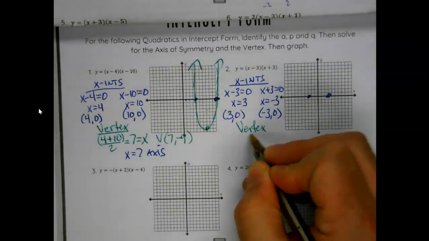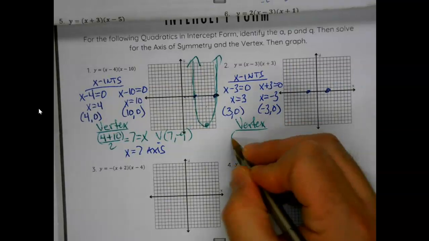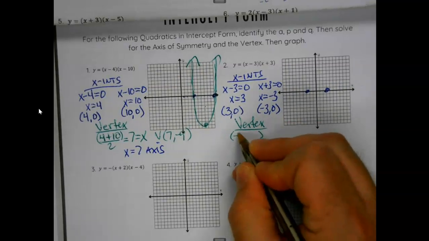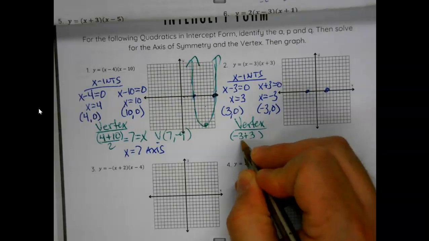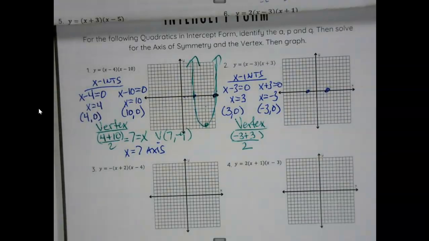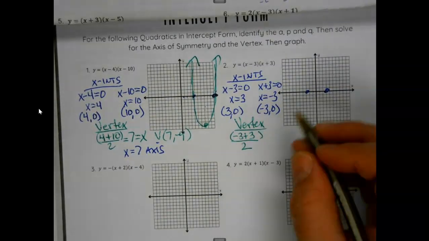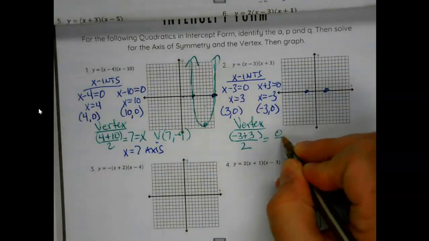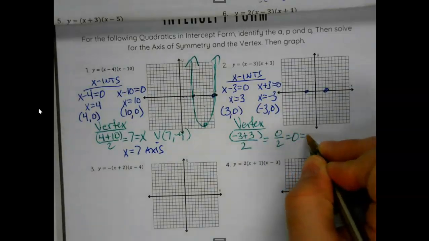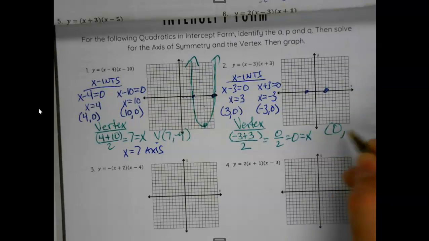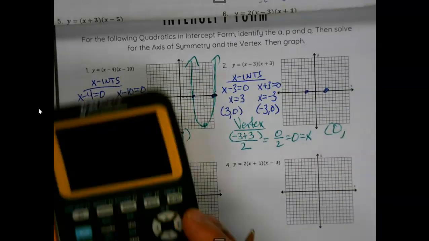To find the middle, we add them up and divide by 2. Negative 3 plus 3 is 0. Divided by 2 is 0. So we've got one part of our vertex.